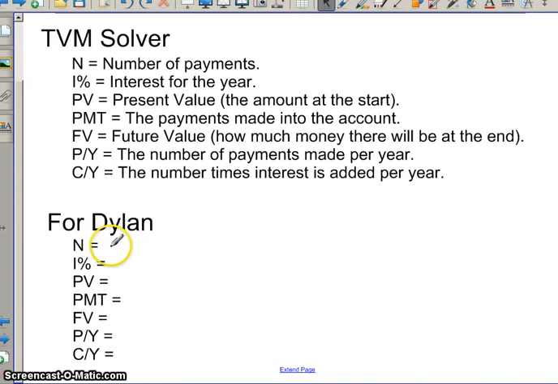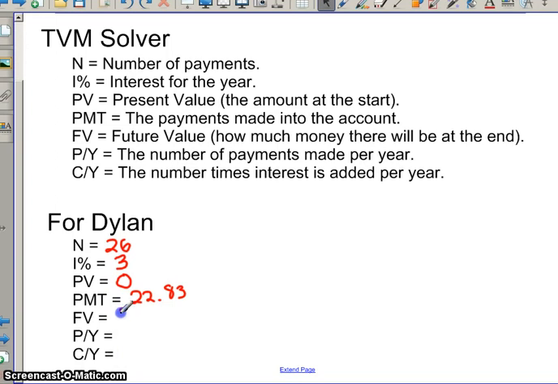So let's look at Dylan's information. For Dylan, the number of payments he's going to make in 1 year is 26. The interest that he's saving with is 3%. Present value, right now we're just going to say that he has $0 in his account. We're trying to figure out how much he can save. And our payments, we know that he can save about $22.83 from each paycheck.